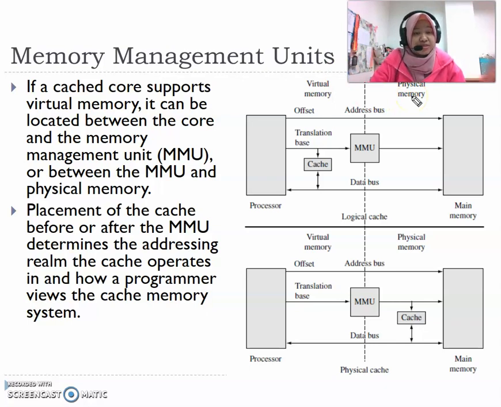So what is physical memory? Physical memory is the memory that is already in the computer system, which has its own addresses available to it, in the whole memory of the computer system.